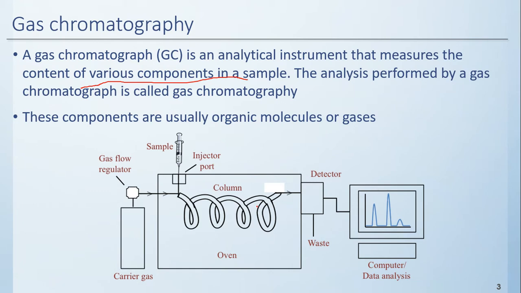Using the injector shown here, you will inject the sample of air whose quality has to be checked. We inject the sample into a stream of carrier gas, which flows into a column. So we are injecting the sample into a high velocity stream of carrier gas.